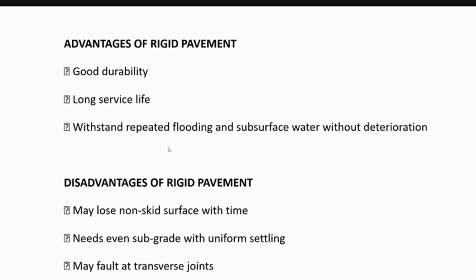And if it is not maintained, whenever there will be very few failures of pavement, but whenever the pavement fails, it needs to be addressed very soon. If the pavement fails and you are not repairing that, then it will lead to a major maintenance cost in case of rigid pavement.